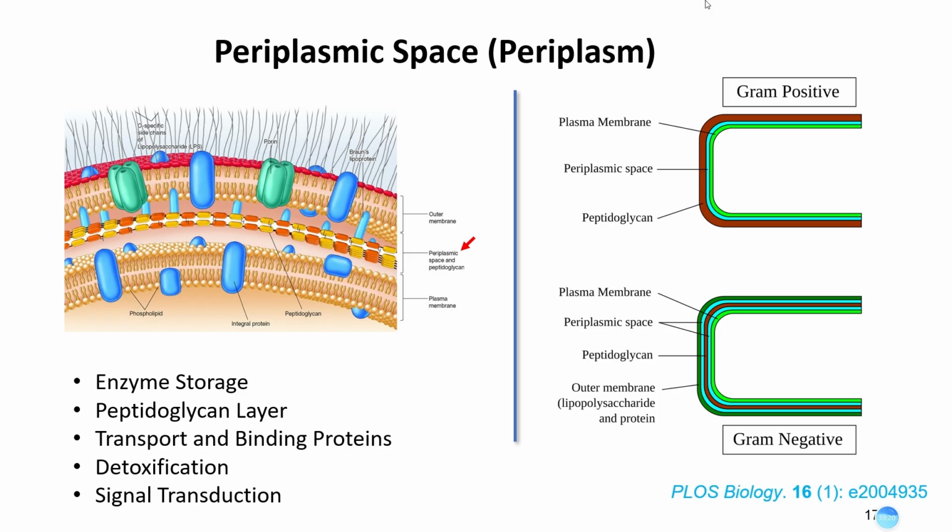So this is the membrane, the deep green part. Outside the membrane and inside the peptidoglycan, you can see a very narrow space. That space we call the periplasmic space. So that's in gram-positive bacteria. Keep that in mind, just something new we want to learn.